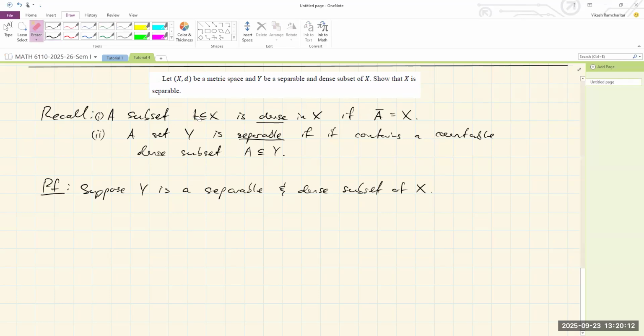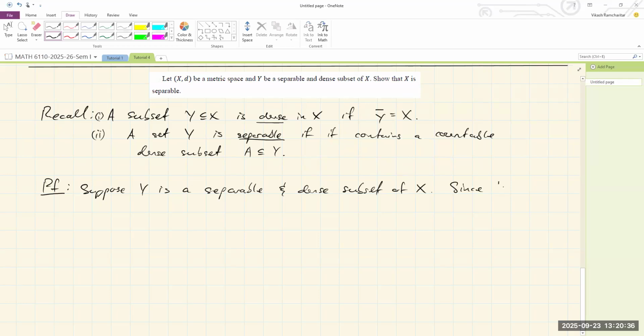So maybe again I should use the letter Y just to be sure we're all consistent. So a subset Y of X is dense in X if the closure of it is equal to X. Okay. So since Y is separable, well, the definition is right there, but let's write it back.